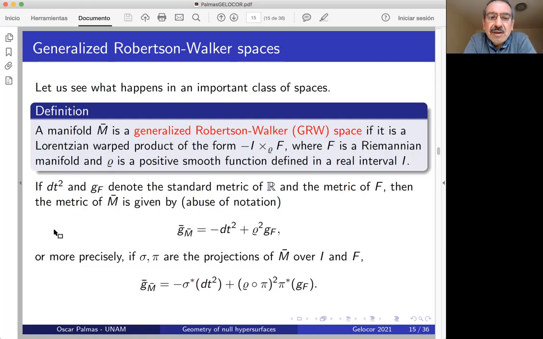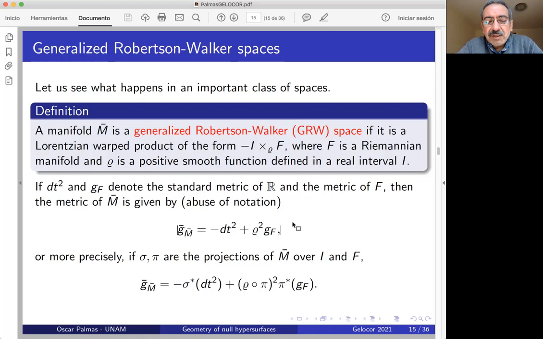Let us recall that M bar is a generalized Robertson-Walker space if it is a warped product of this form where I is a real interval with a metric minus dt squared, F is a Riemannian manifold, and this rho is a positive function called the warping function, so that the metric in this space is given by this expression.